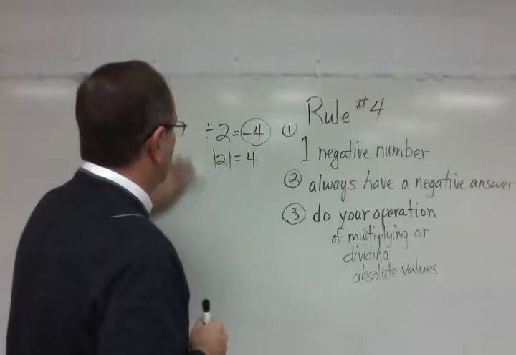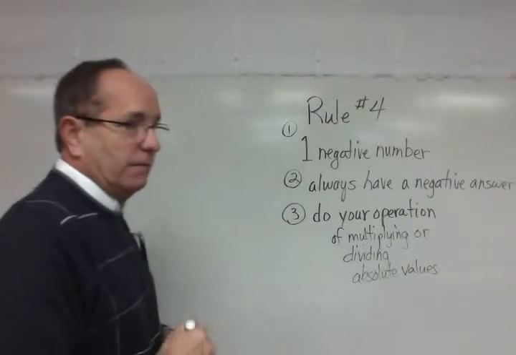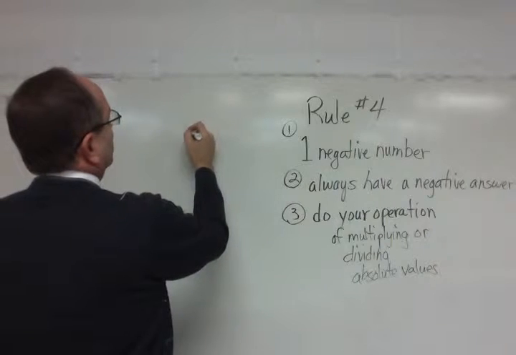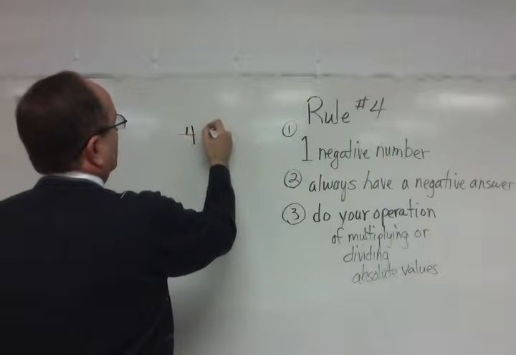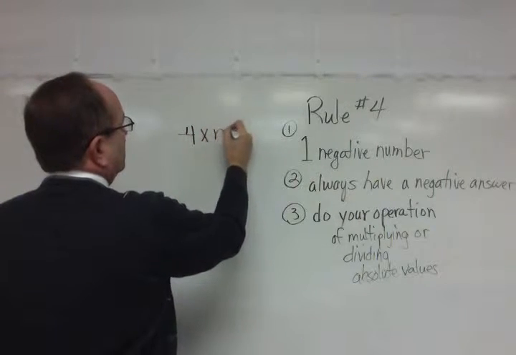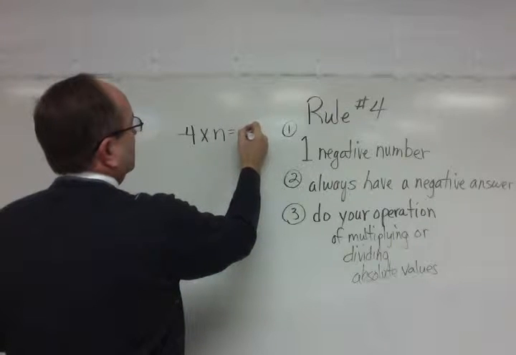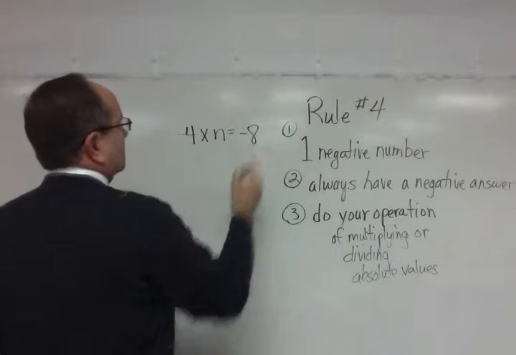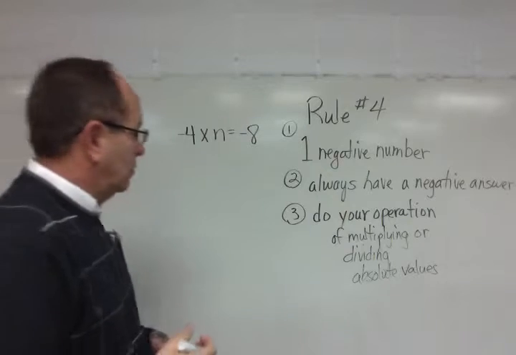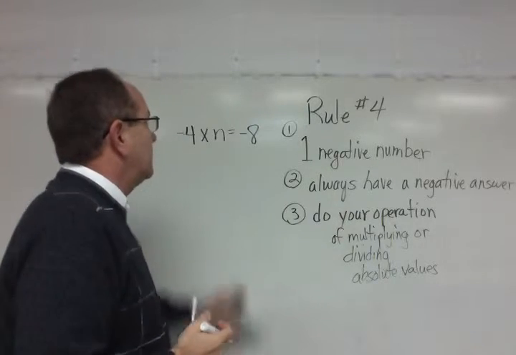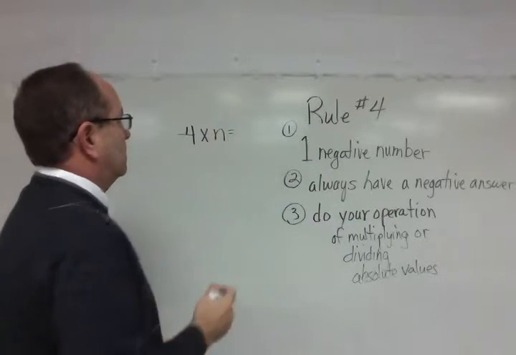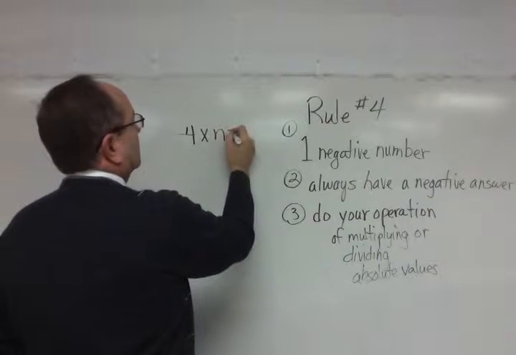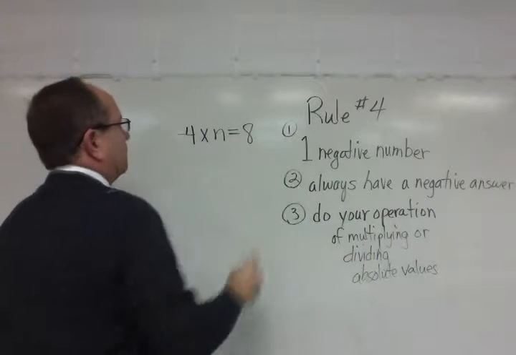And when I was talking about it doesn't matter if you have the answer already, let's say I have negative 4 times n equals negative 8. I'm going to take that back a step. I'm not going to talk about that yet. I'm just going to go this way with this rule number 4.